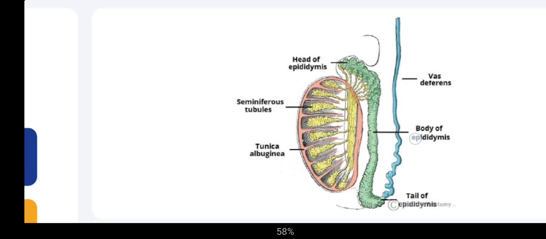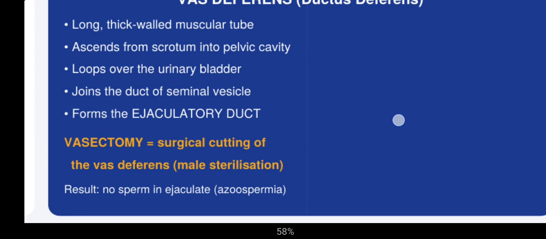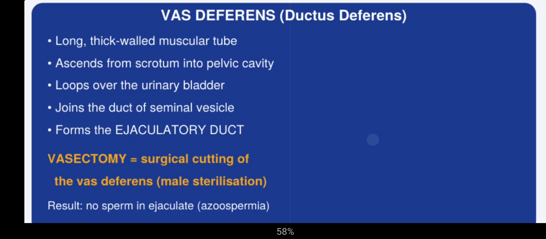So it's long and thick. It ascends from the scrotum into the pelvic cavity, loops over the urinary bladder, and joins the ducts of the seminal vesicle to form the ejaculatory duct. So take note, the ejaculatory duct is formed when the ductus deferens, also called the vas deferens, combines with the seminal vesicle. That area is called the ejaculatory duct.